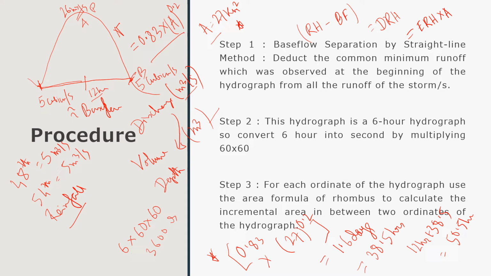And our base flow formula says the end of the hydrograph is at 50.5 hours. So as there is no change between 48 and 54, I am taking the 48th hour as the ending point, and naturally the 0th hour will be the beginning point.